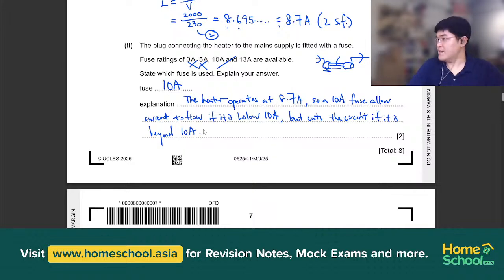So pretty much if you write down either 10 or 13 amperes, you get your 1 mark.